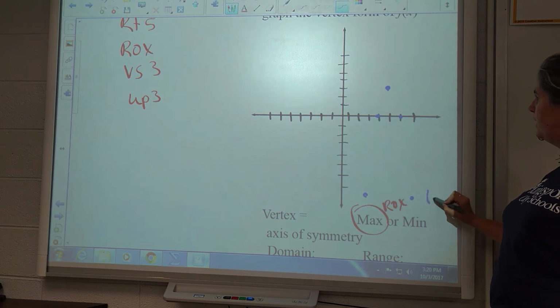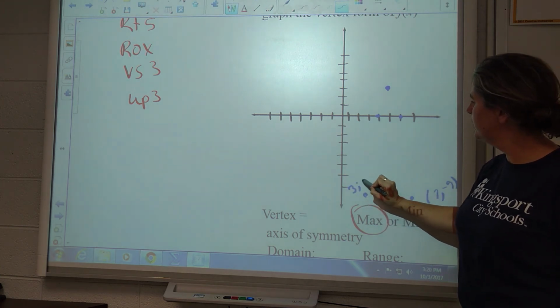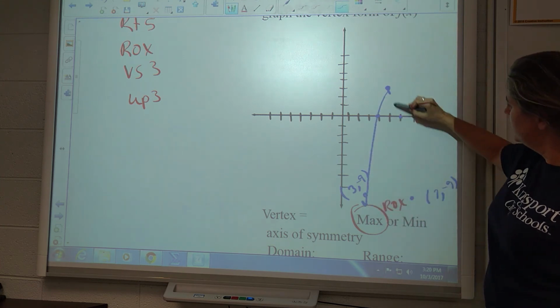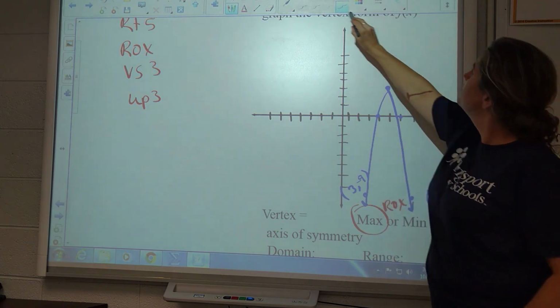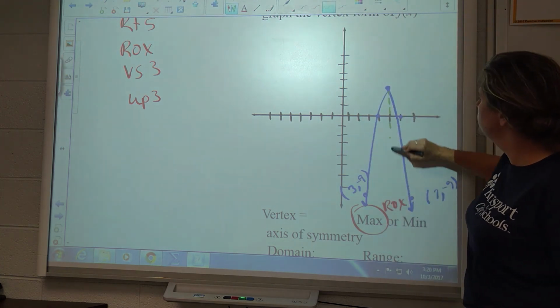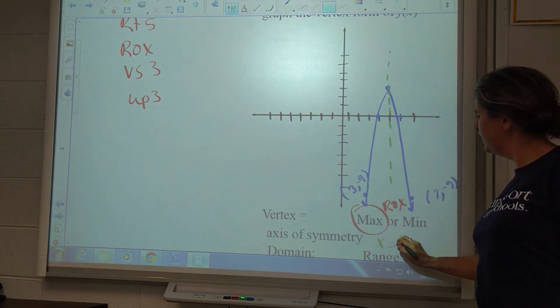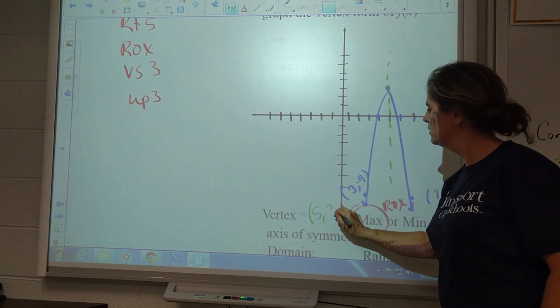That will be at 7, negative 9, and 3, negative 9. And that should look like that. Axis of symmetry falls through the vertex at x equals 5, and our vertex was 5, 3.